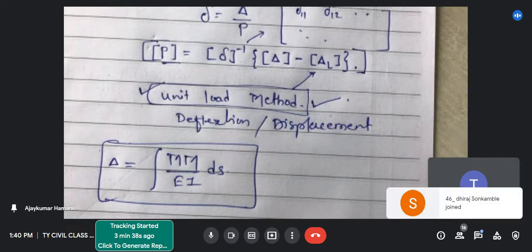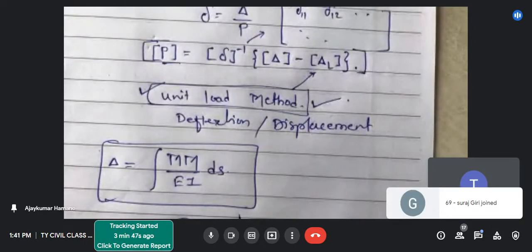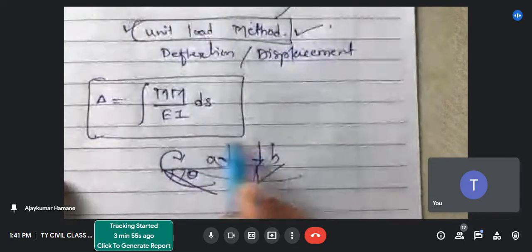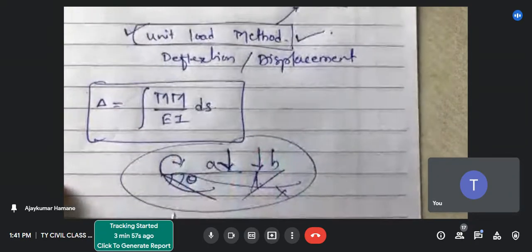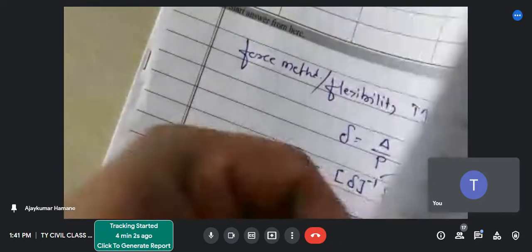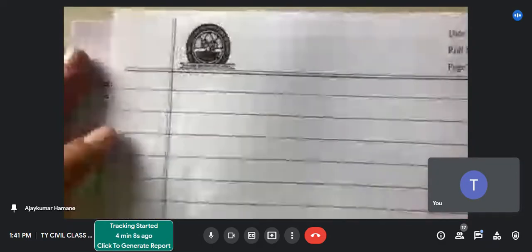Correct, when there is a rotation we have the slope at the end, we can find out the slope. But when there is a load somewhere between A and B, how to find out this slope and deflection under this load? It's very difficult. So that's why we have a unit load approach in the flexibility method.